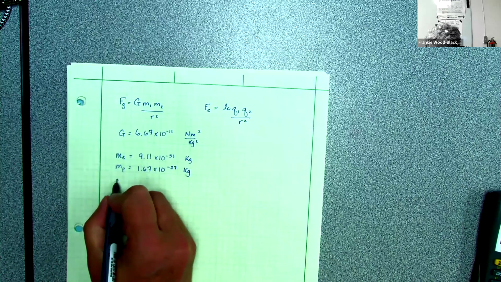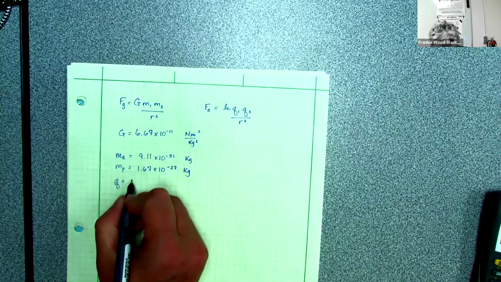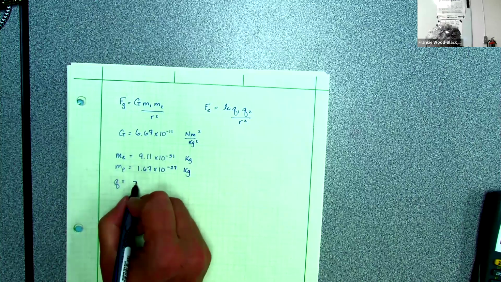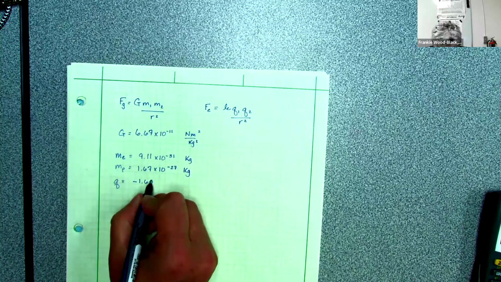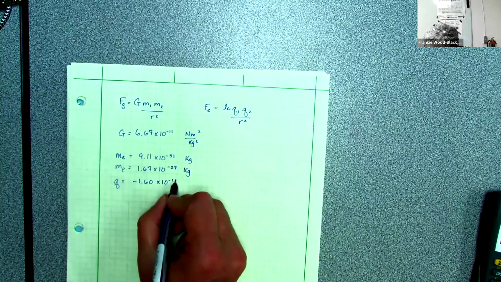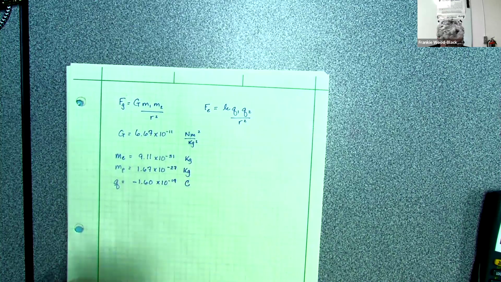And my charge on an electron is a negative 1.60 times 10 to the minus 19 coulombs.